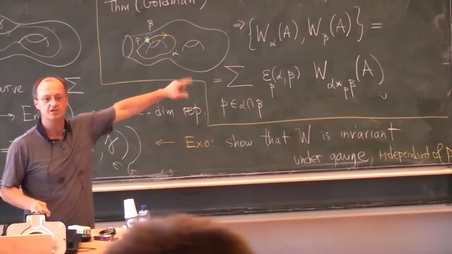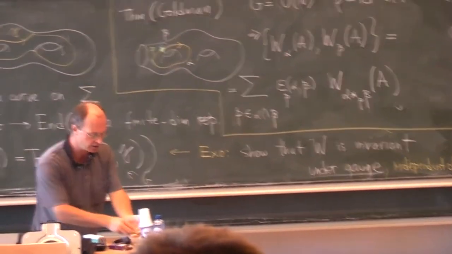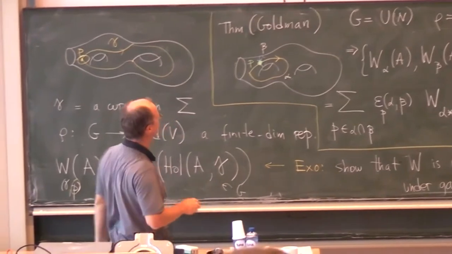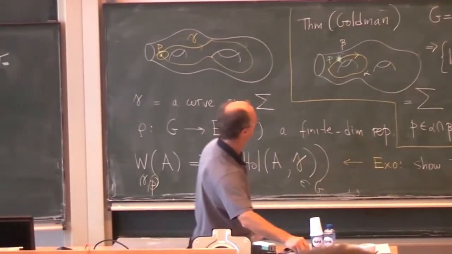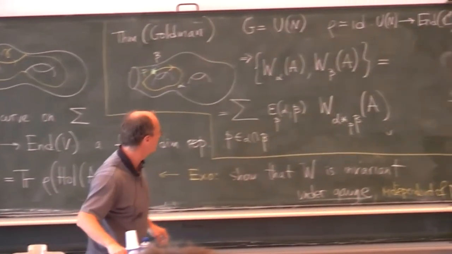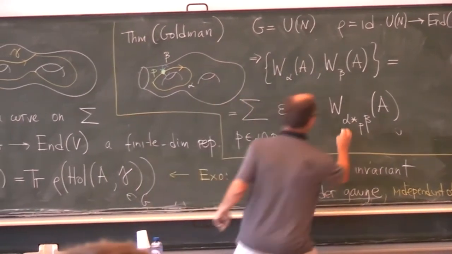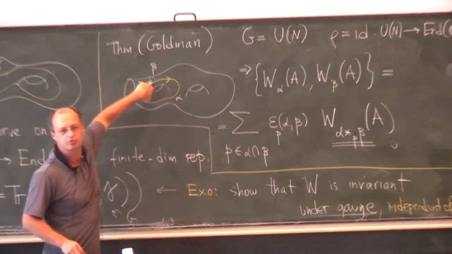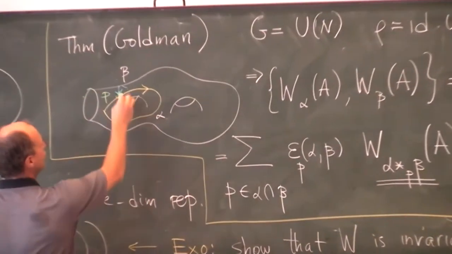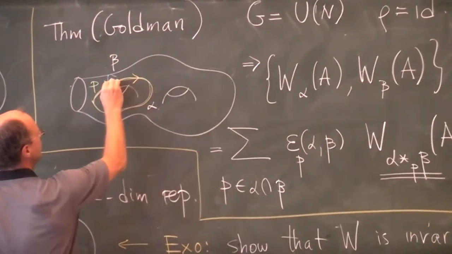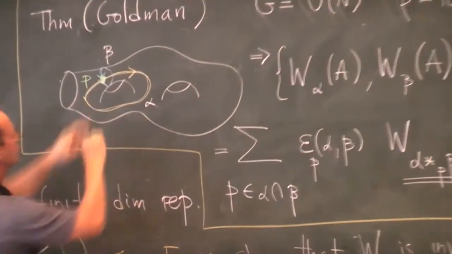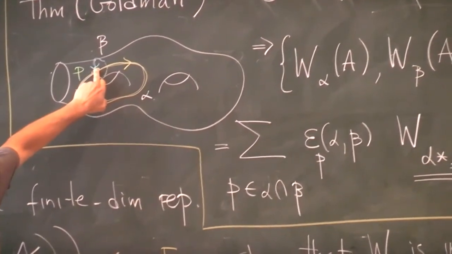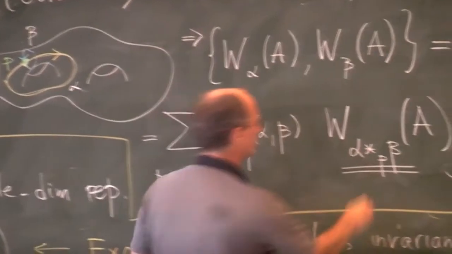Basically it's going to be a linear combination of the functions corresponding to the same type of curves. What is this funny guy? It means just the following: you start at the intersection point, and then you first go along the curve alpha, and then you go along the curve beta.